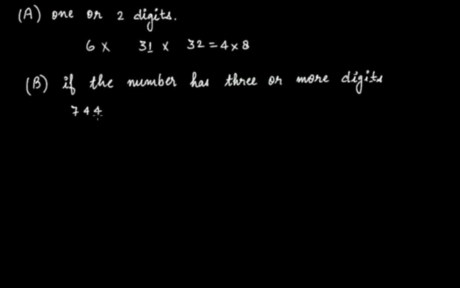If you have a number which has 3 digits or more, in that case, take the digit at the ones place and the digit at the tens place, and add these two digits.